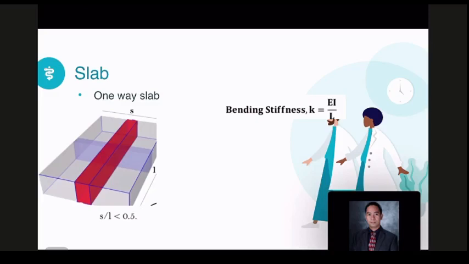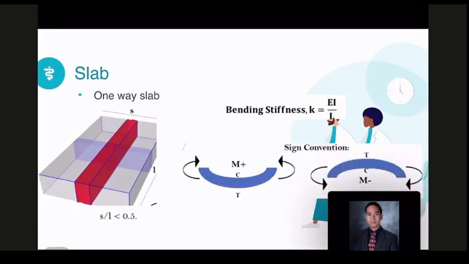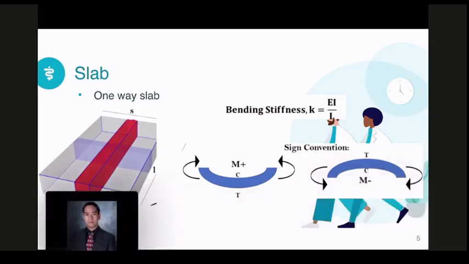The bending stiffness of a one-way slab is computed as EI over L, where E is the modulus of elasticity multiplied by the moment of inertia I, divided by the length. That is the bending stiffness, and its symbol is K. Positive moment is where the tension fiber is at the bottom, while negative moment is where the tension fiber is on top.